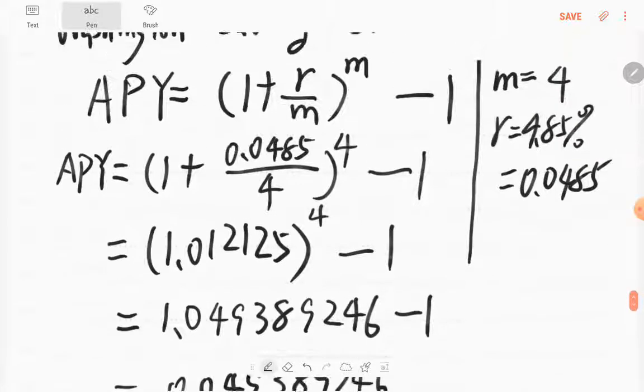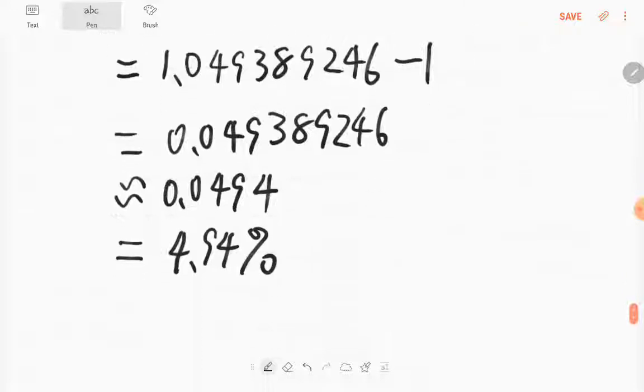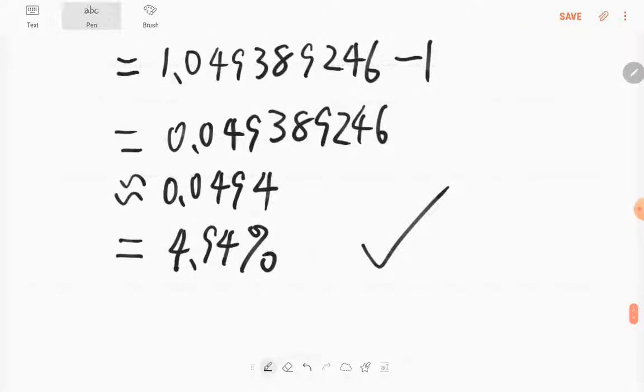So which one is higher? Yes, Washington would be the higher return. So if you choose the 1-year CD, you would choose Washington Savings Bank.